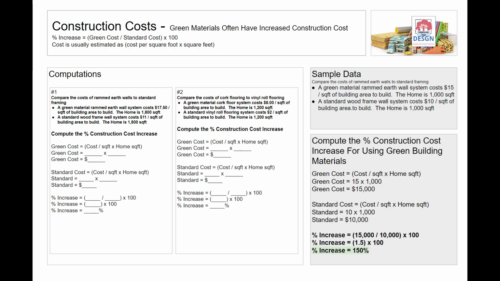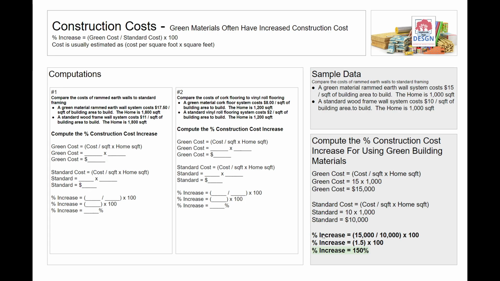And I think we've found rammed earth is one of those very, very green material constructions for a home. And the standard cost is, again, cost per square foot, 10, times 1,000 square feet of the home. It's 10 times 1,000. That's $10,000. $10,000 versus $15,000 to build standard.